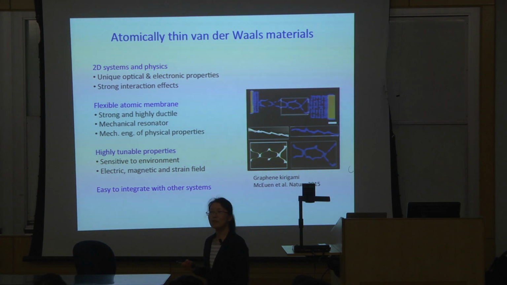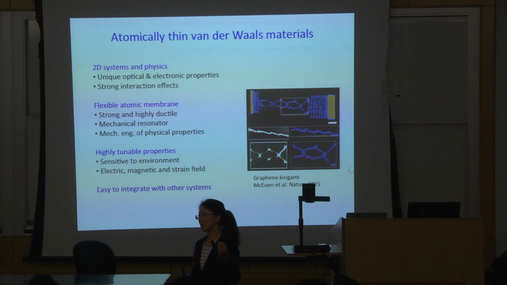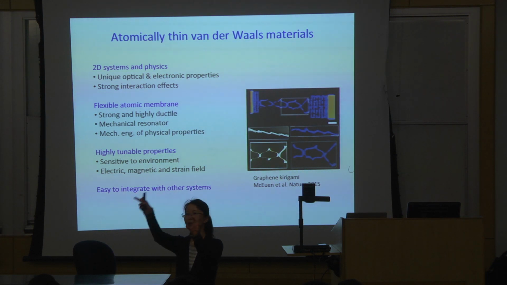Quite a few of them show unique properties that do not exist in the bulk limit. And once you get down to one sheet or two sheets of atomic membranes, the Coulomb interaction becomes very strong because you can imagine lots of field lines live in vacuum or are determined by the environment.